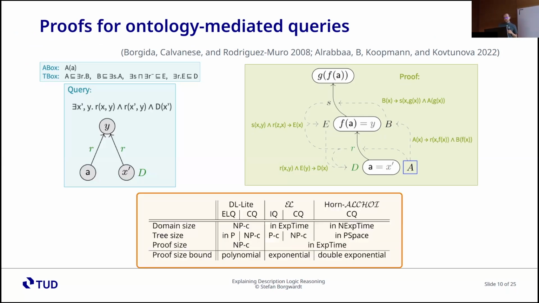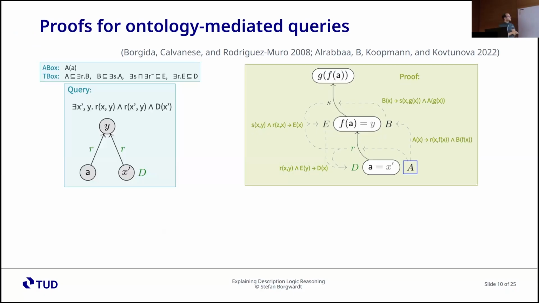And then from that, this green part with the dotted arrows is basically a proof if you unfold it to be a tree. I didn't do that here, but if you follow this, it leads to the conclusion that all the green parts, the R connection here and the D from the query, are satisfied.